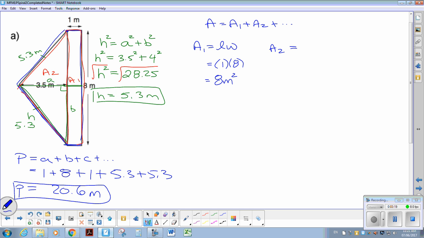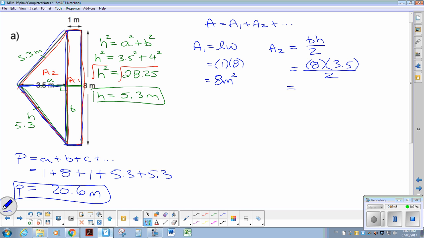The second area is a triangle. Base times height divided by 2. You can look that up on your formula sheet that's provided. So what is the base? The base is the bottom of the triangle. So that's the 8. And the height is the value right there to the top vertex, which is 3.5. And then we divide that by 2 because it is a triangle.